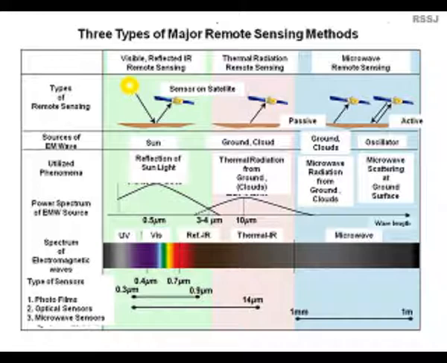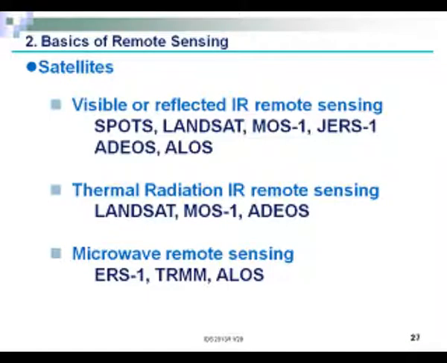The first is visible or reflected IR remote sensing, which uses the visible region and around here the near IR or shortwave IR region.